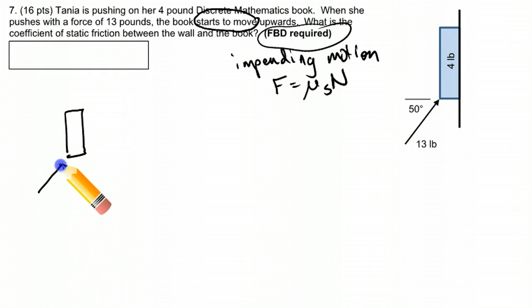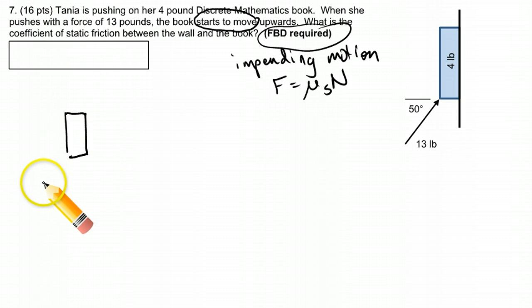Okay, so we'll have our, let's go to a different color here. So we'll have 13 pounds, measured 50 degrees off a horizontal.